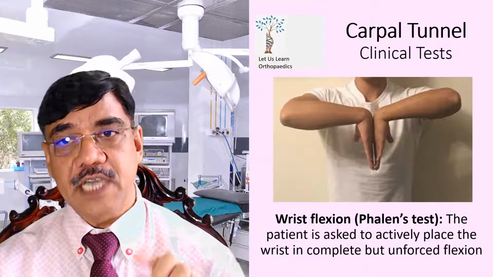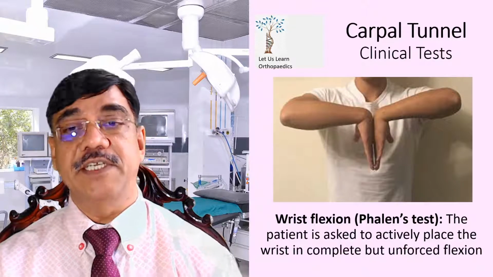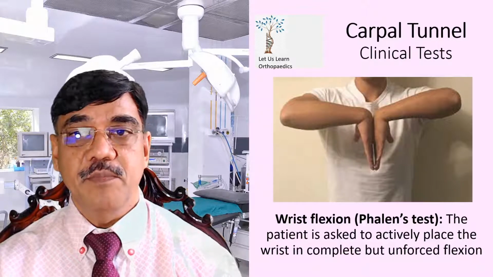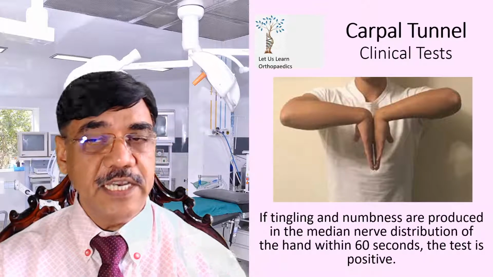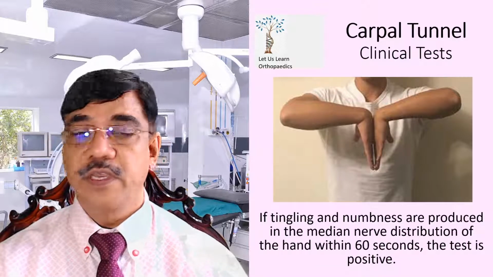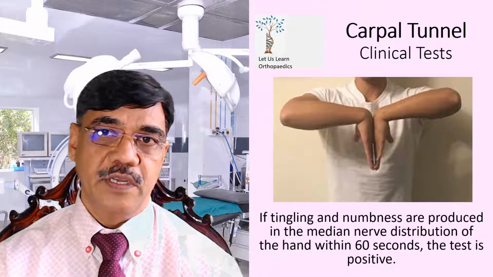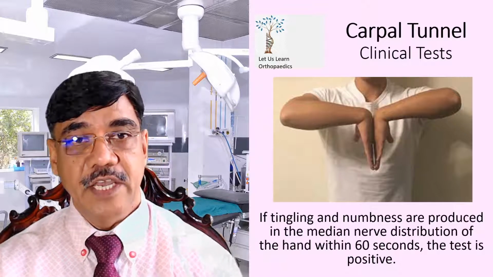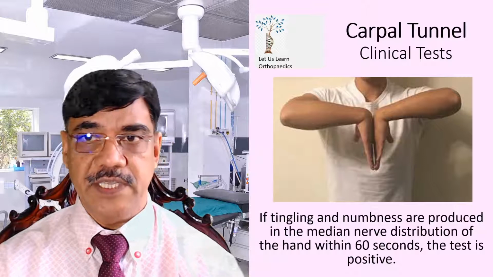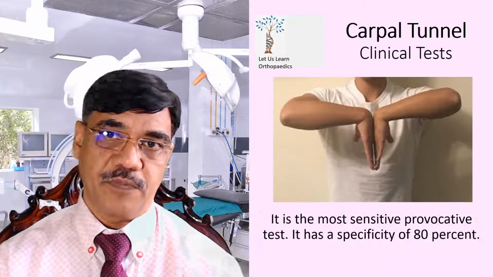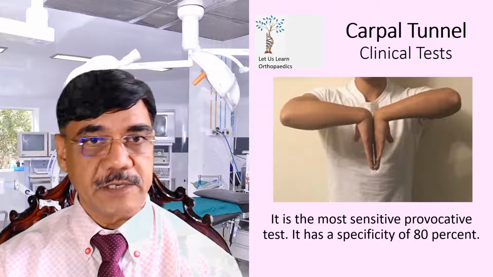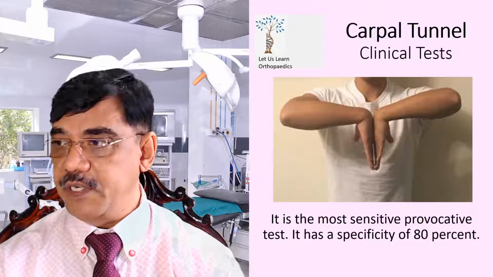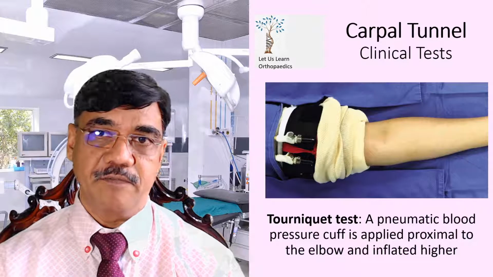The patient is asked to actively place the wrist in complete but unforced flexion. If tingling and numbness are produced in the median nerve distribution of the hand within 60 seconds, we say that the test is positive. It is the most sensitive provocative test. It has a specificity of 80%.